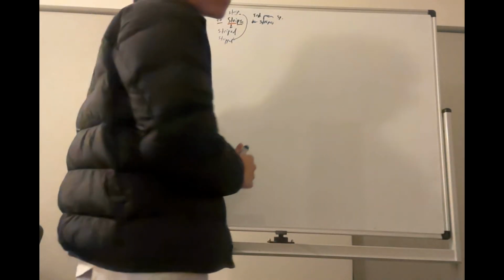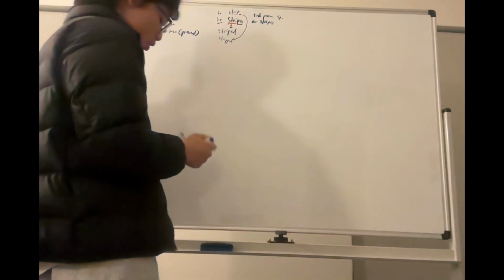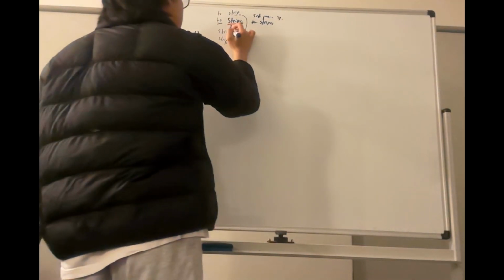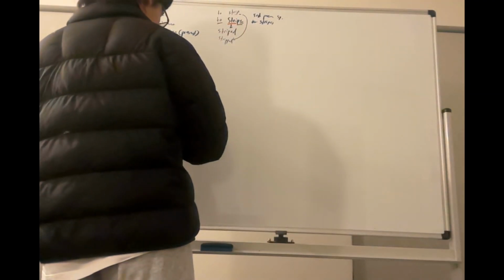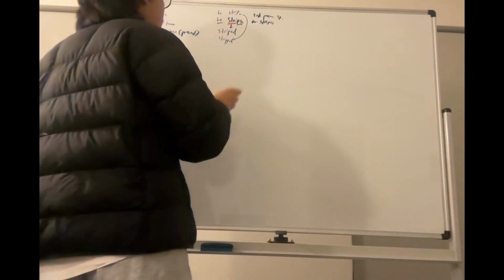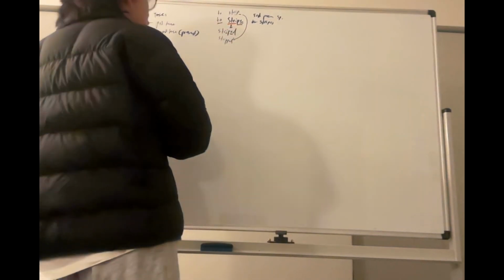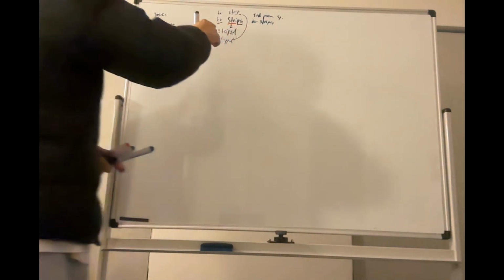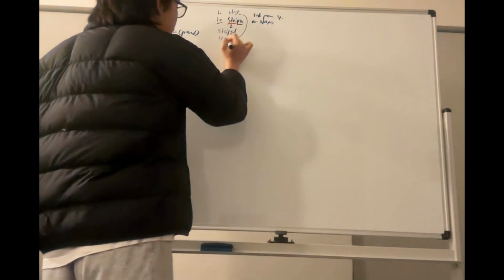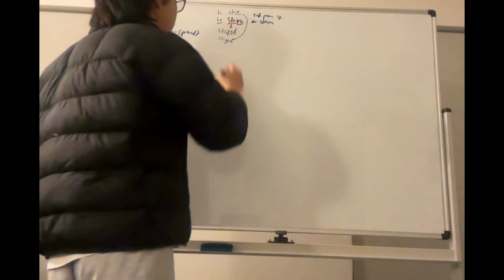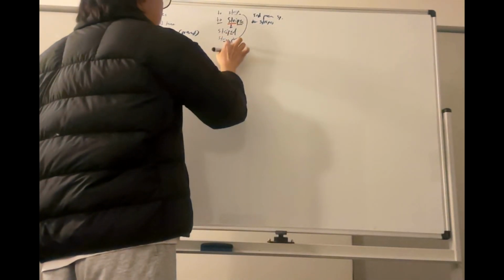Why? It's quite simple, right? When there's one consonant in between, this still modifies this. So this is still a tense vowel. However, if there are two letters in between, this no longer modifies this.